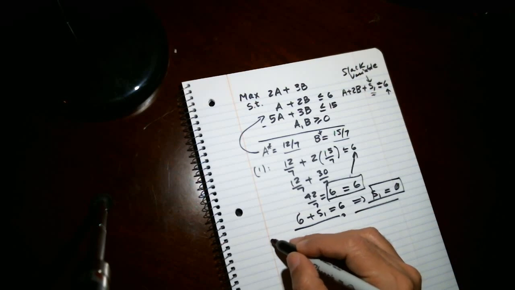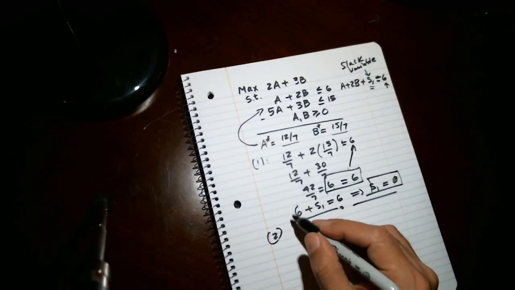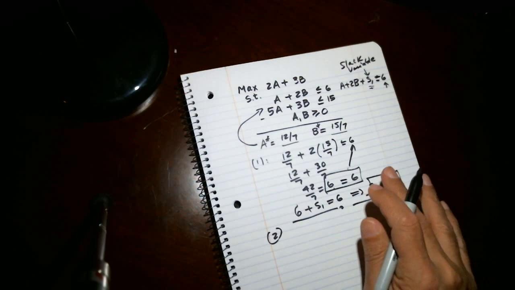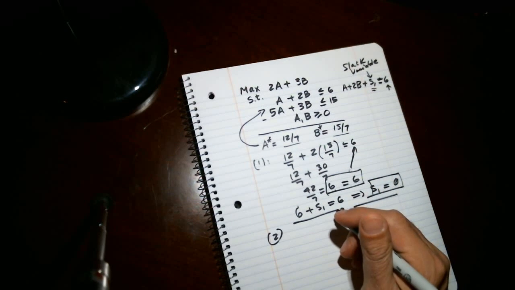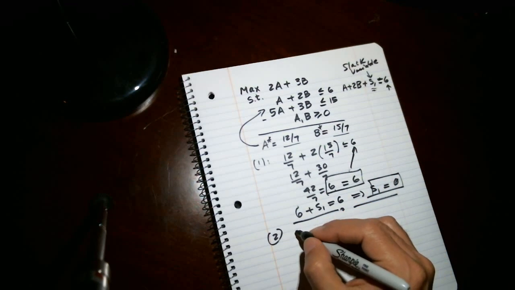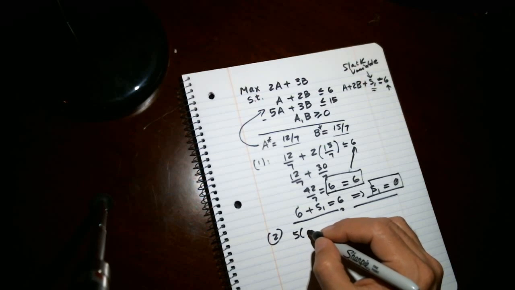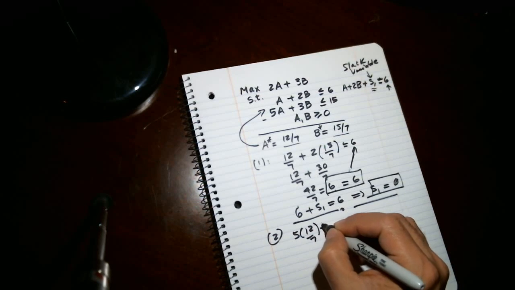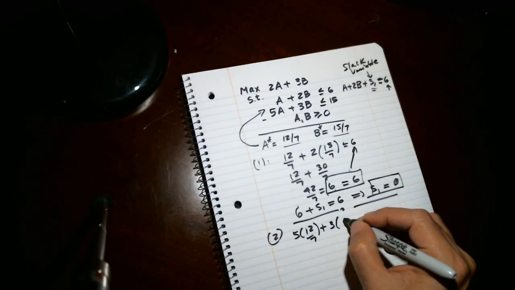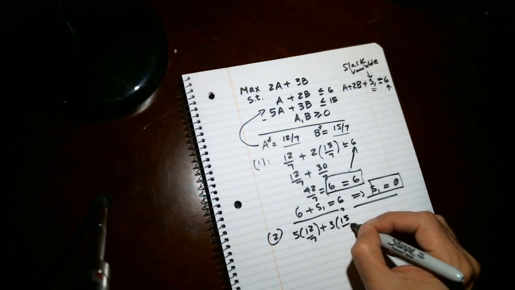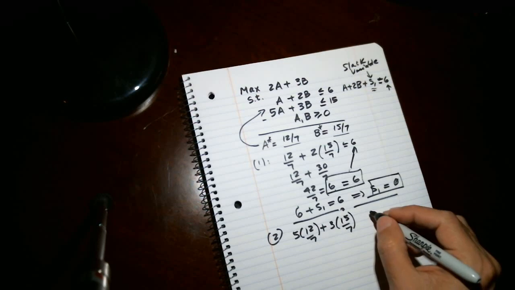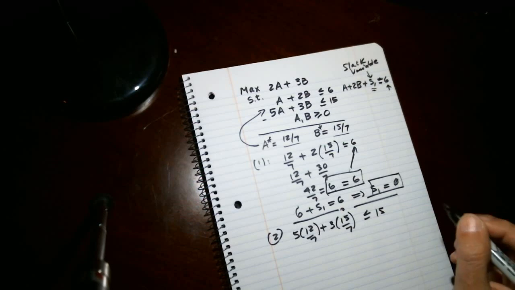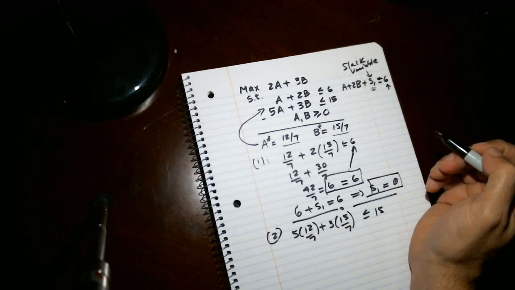Now, on the other hand, in the second constraint, 5A plus 3B, is that equal to 15 or less than 15? Well, 5 times A again is 12 over 7, plus 3 times B, which is 15 over 7. This is my second constraint.